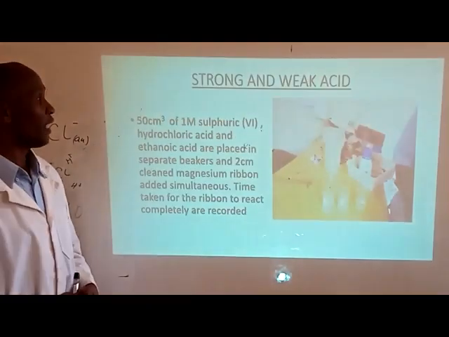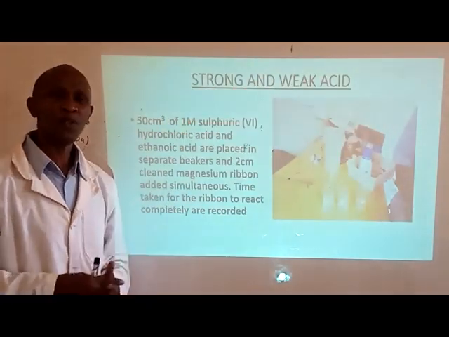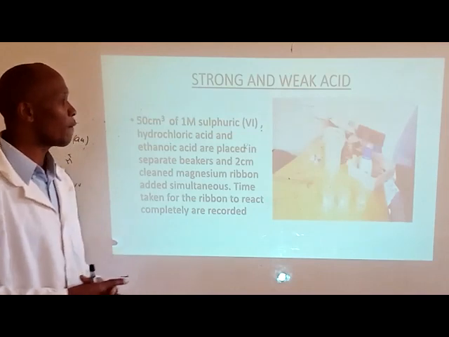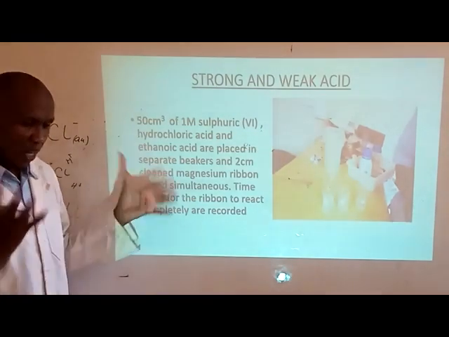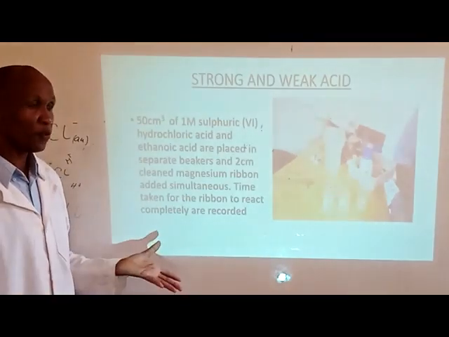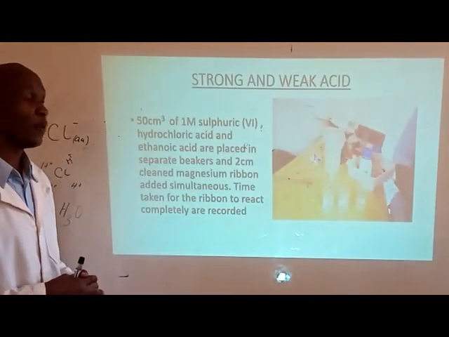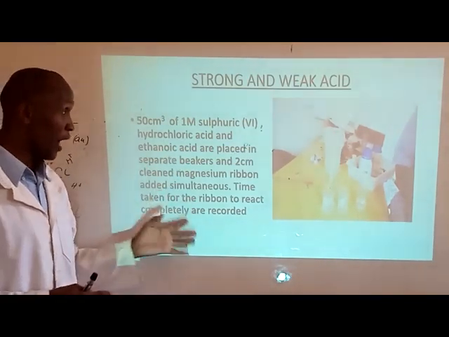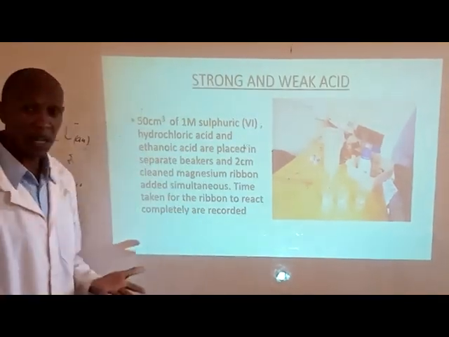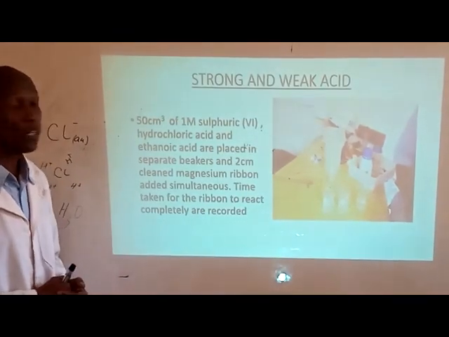Now, having said that, we want to take this a step further. Now that acids will dissolve in water to produce hydrogen ions, once the hydrogen ions have been produced, they will react with metals to produce hydrogen and a salt.